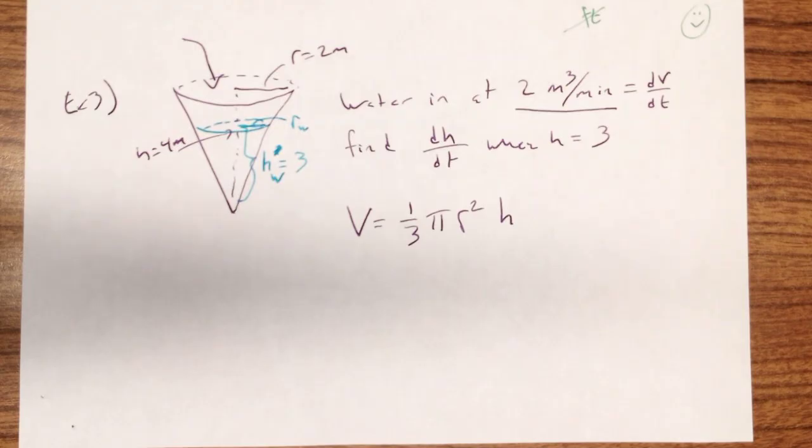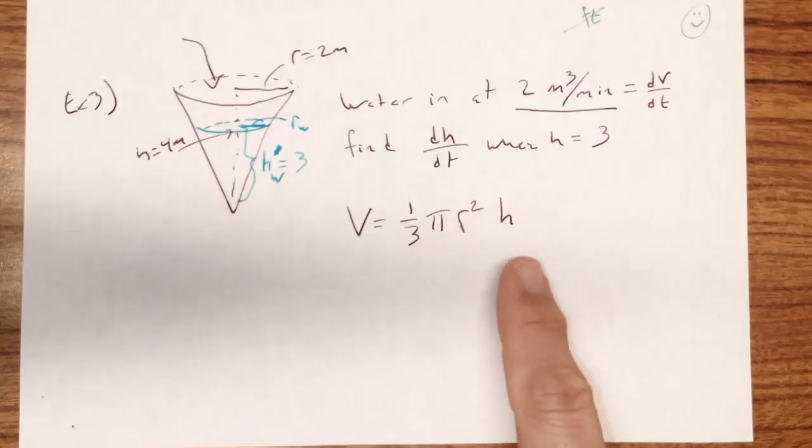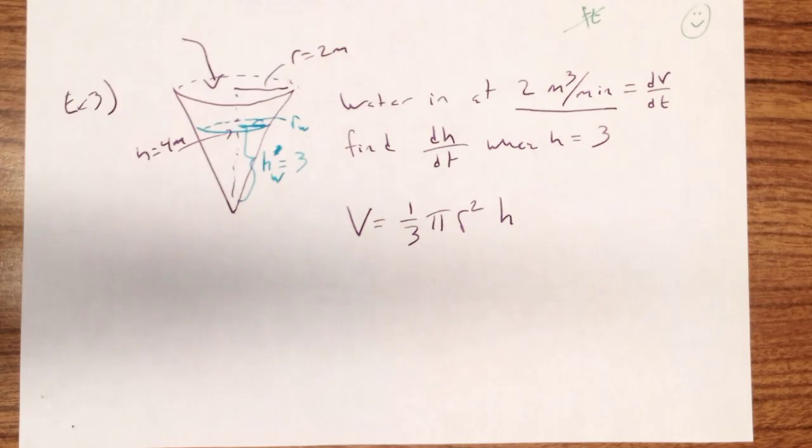I don't know what it is. I really can't have two different things change on this side at the same time. If I want to take derivatives with respect to time here, I have two different variables and I don't know how to do that. And I only have one piece of information about height. I don't know the radius.